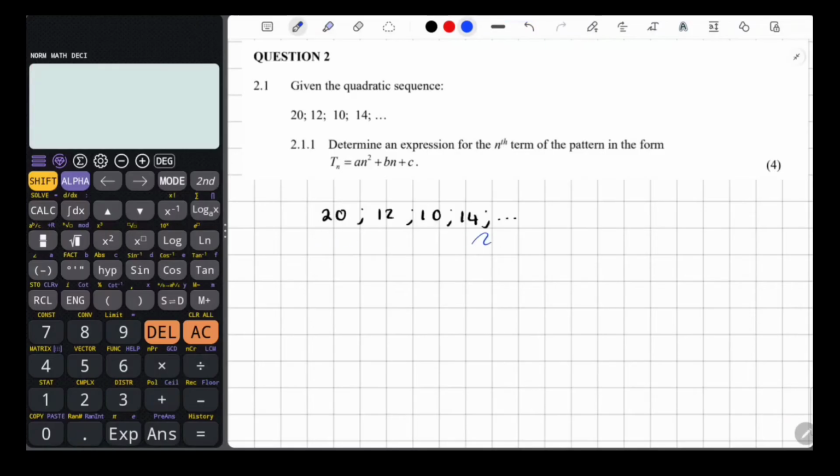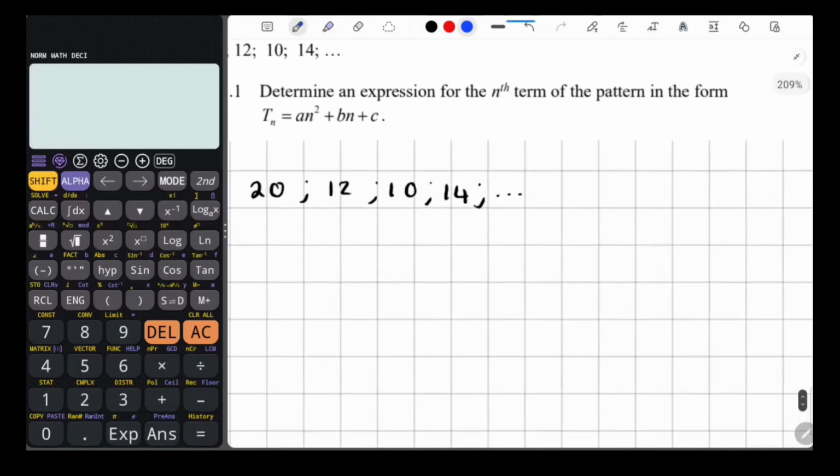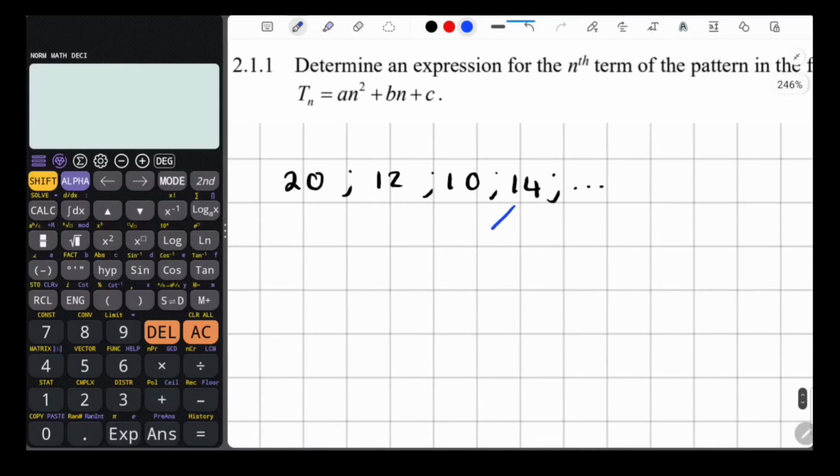So we're going to first of all find the first differences. So we can go ahead and just say 14 minus 10. That's going to give you 4. Then 10 minus 12, that's going to give you a negative 2. And then 12 minus 20, which is negative 8. Okay, so that's our first difference.